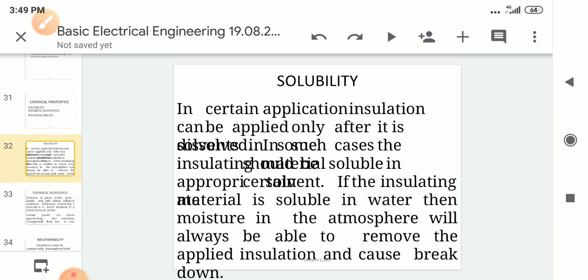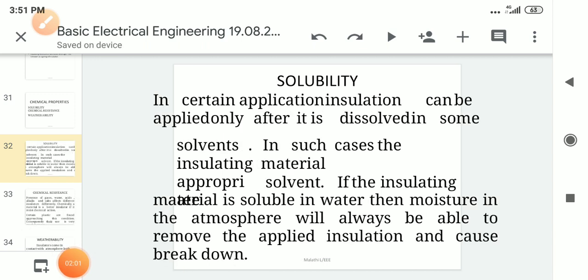Solubility. In certain applications, insulation materials can be applied only after they are dissolved in some solvents.